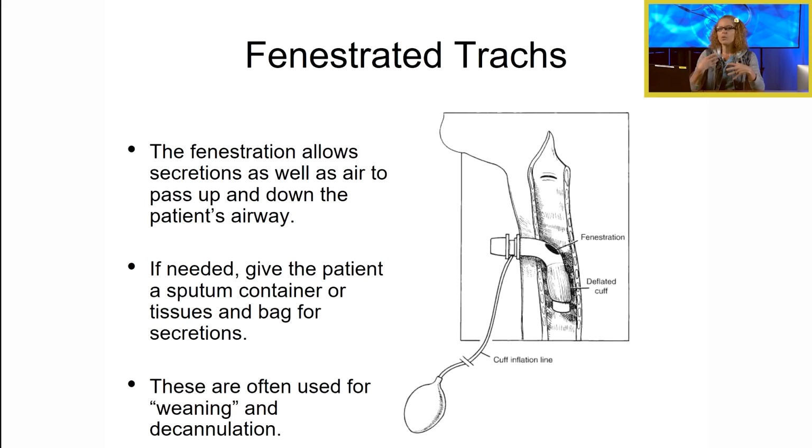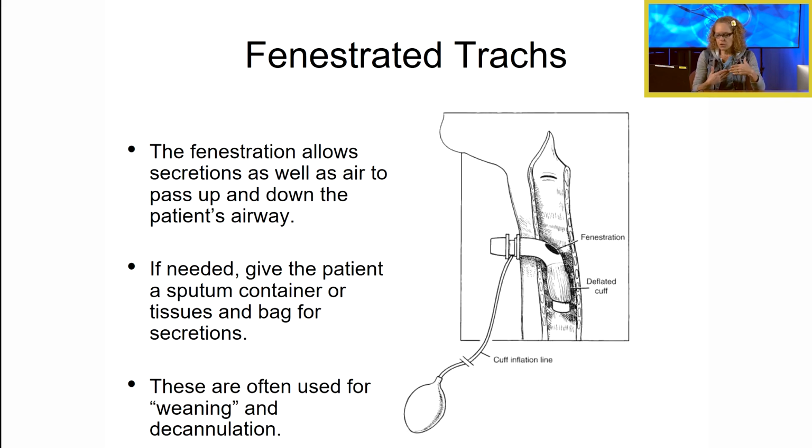So as we are weaning our patients from their ventilator, hoping to get them off the need for having a trach, we want to start developing their ability again to swallow, and so part of that process takes place in that weaning. So the fenestration also allows secretions as well as air to pass up and down the patient's airway, and if needed, sometimes we can give the patient a sputum container or tissues for secretions.